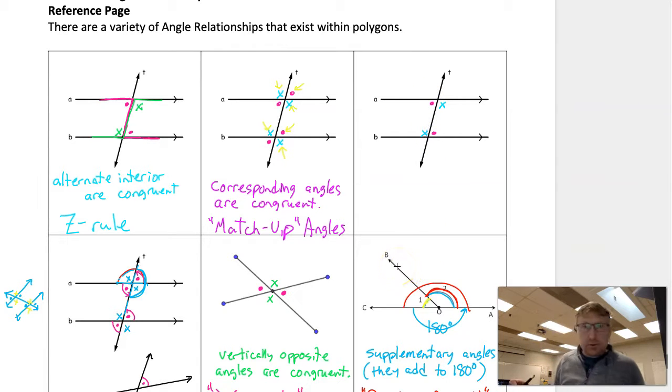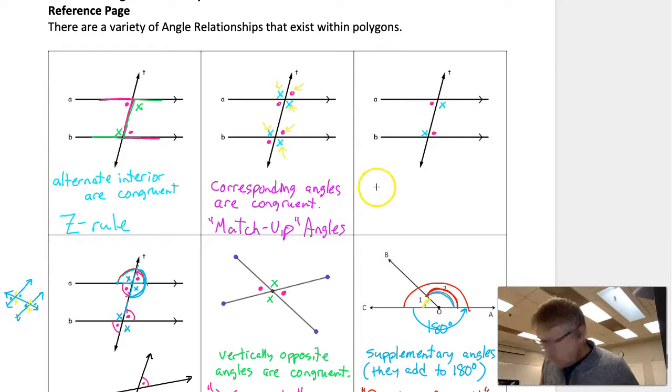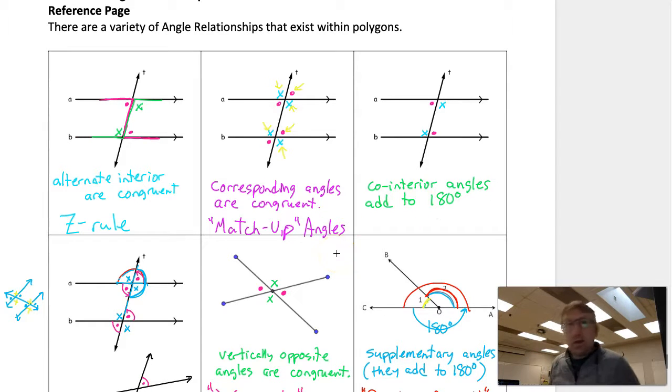And there are other pinks and blue dots, that's a fact, no doubt. I'm just copying the ones that I need for this time. This one is sometimes called co-interior angles add to 180 degrees.